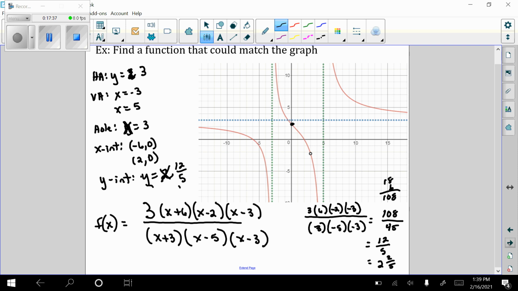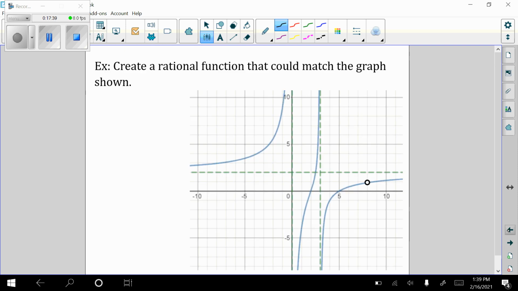All right, one more. Okay, analysis. I have a horizontal asymptote at y equals 2. I have a vertical asymptote.